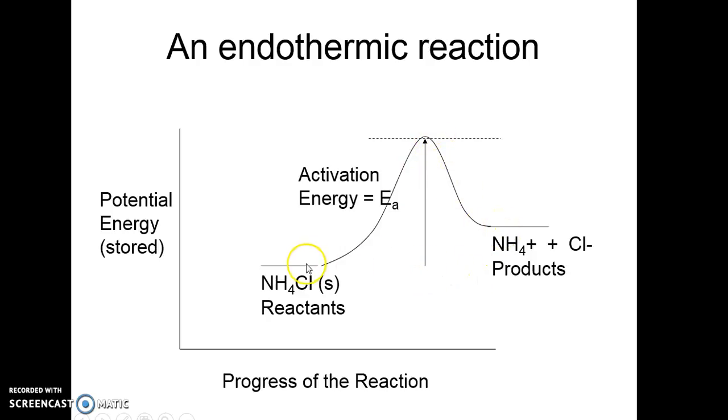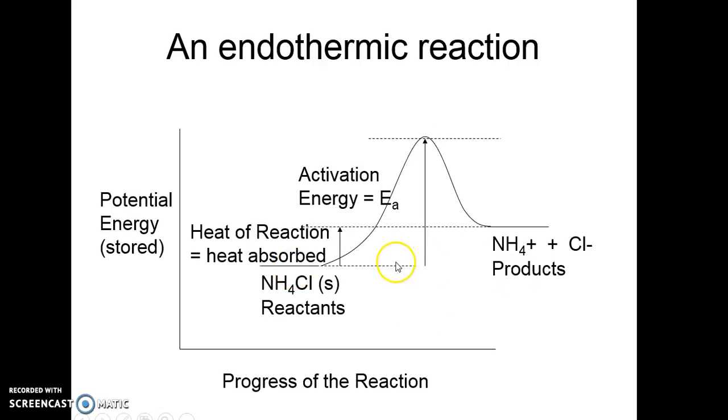That's the activation energy, always from the reactant to the top of the curve. The enthalpy of reaction, the heat absorbed or released, is always going to be the difference between the reactants and the products. Notice we're looking at potential energy here. Potential energy is going up, so kinetic energy is going down. That means this gets colder.